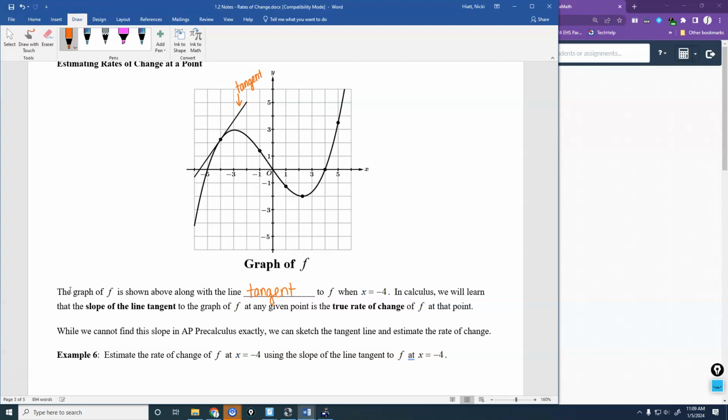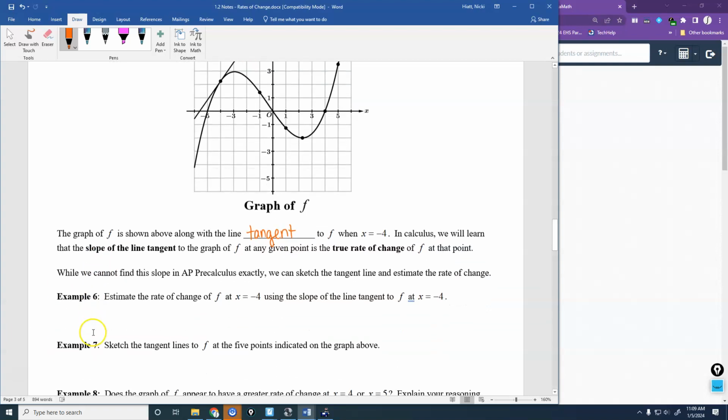In calculus, we're going to learn that the slope of the tangent line gives the true rate of change at that point, that instantaneous rate of change. In AP Calculus, we can't find it exactly, but we can sketch them and estimate, right? So, example 6 says to estimate the rate of change of f at x equals -4.